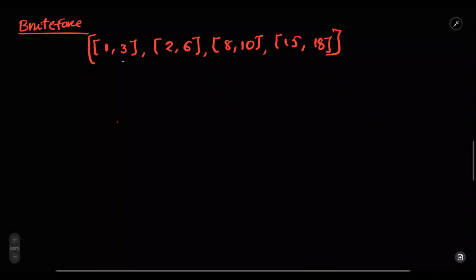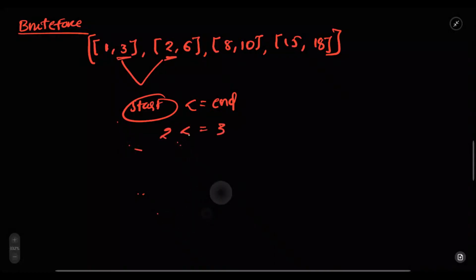We know that two intervals can be merged if the start of one interval is lesser than or equal to the end of another interval. If you look here, the start is 2 and the end is 3. 2 is lesser than or equal to 3, so that is the required condition for two intervals to be merged.